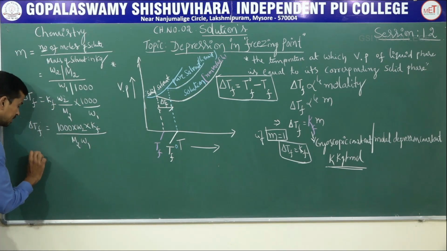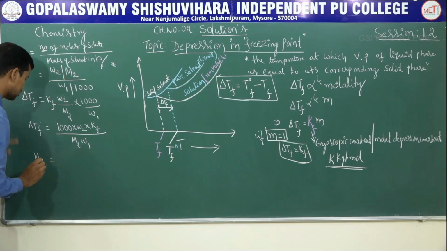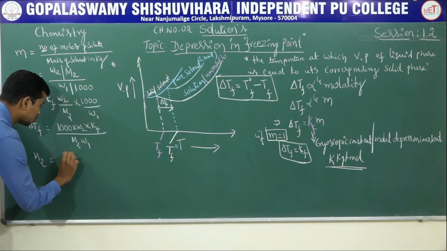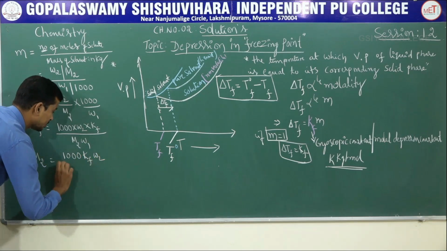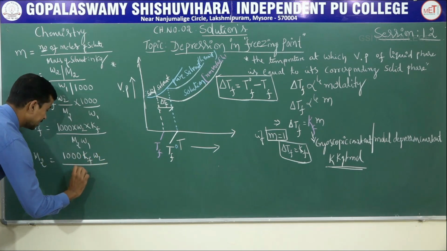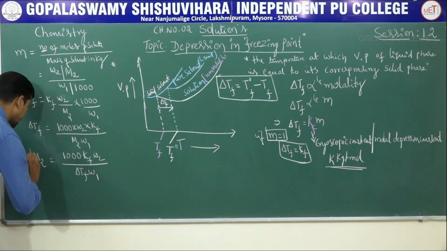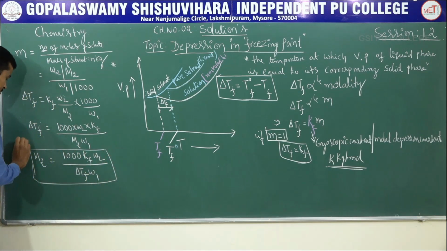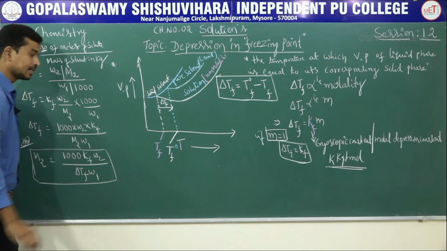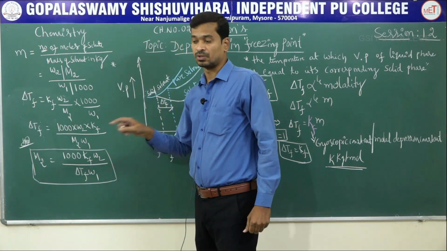Suppose I have to find out the molecular mass of a non-volatile solute. M2 is equal to 1000 into Kf into W2 divided by delta Tf into W1. In your board exam, this is a very important formula to calculate the molar mass of a non-volatile solute.